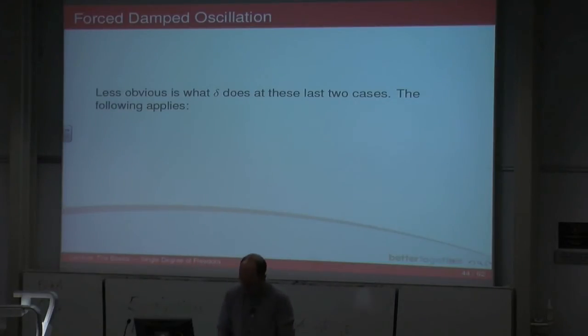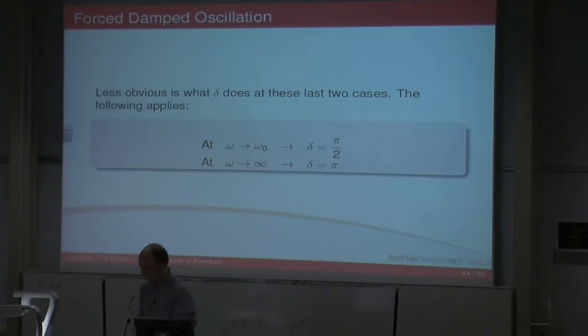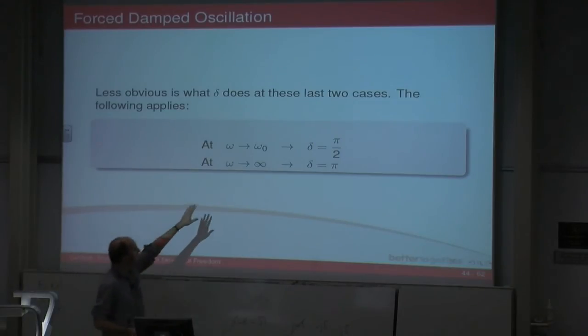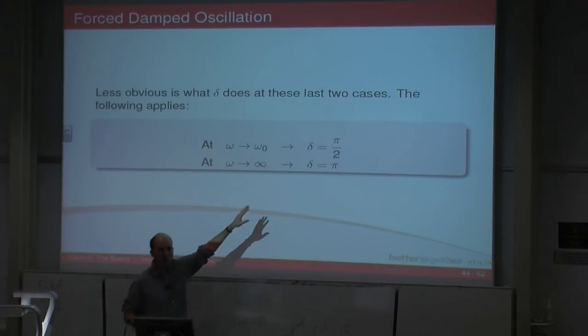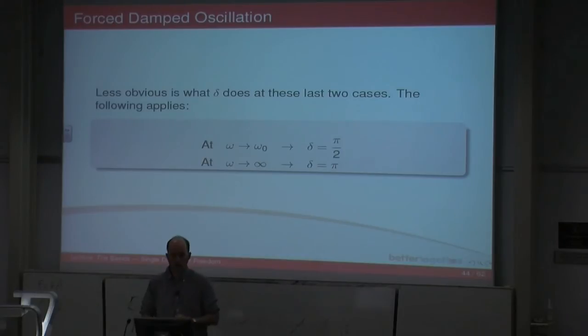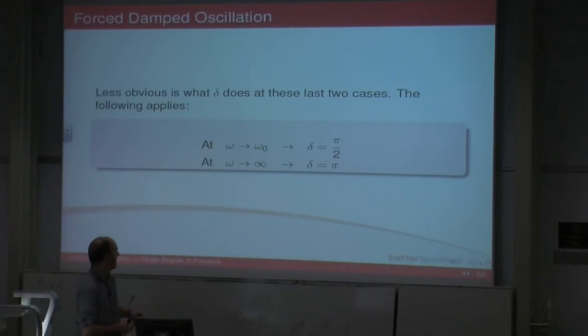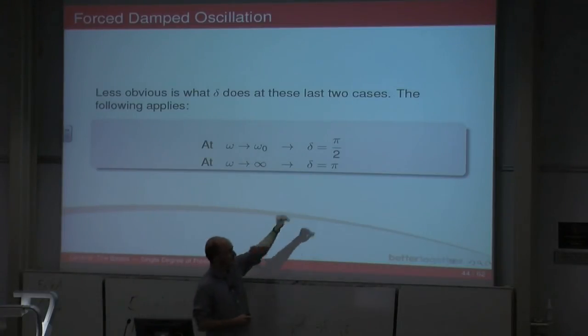It's somewhat less obvious what delta does in the last two cases, but we can just take that the following applies. As omega approaches the resonant frequency, our delta term goes from 0 to pi upon 2, pi upon 2 being 90 degrees. And as it approaches infinity, my delta term goes to pi, pi being 180 degrees.